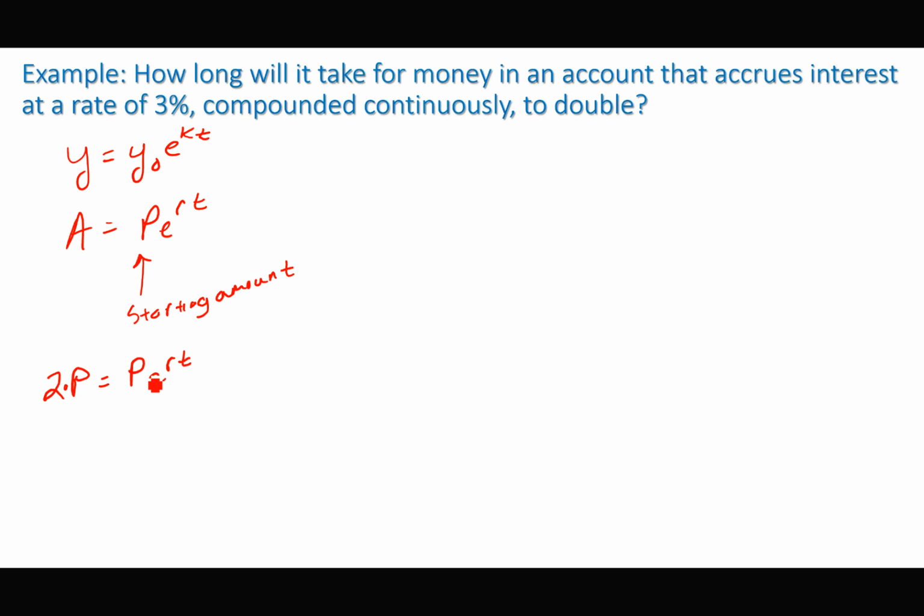Both of these are being multiplied, so if I divided P out from both sides, it essentially goes away, so I don't have to worry about that. So now I can just say 2 equals e to the rt, and I know r is 0.03, my r times t, and I'm trying to figure out what t is.